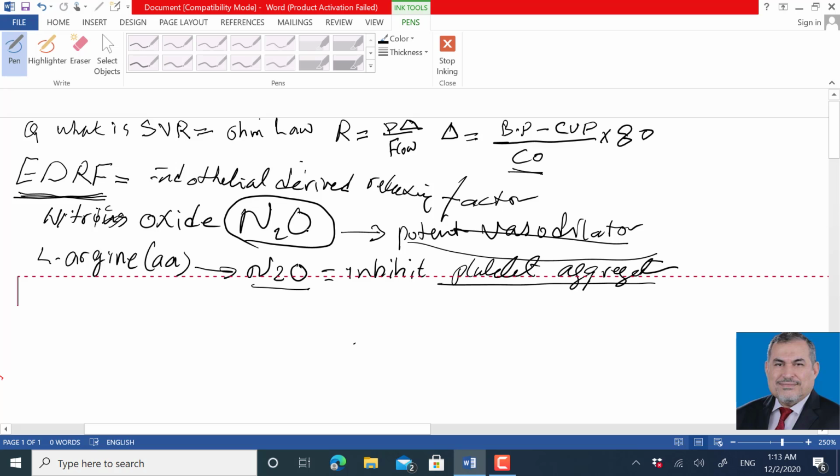Okay, according to the leading theories, what factors contribute to atherosclerosis?